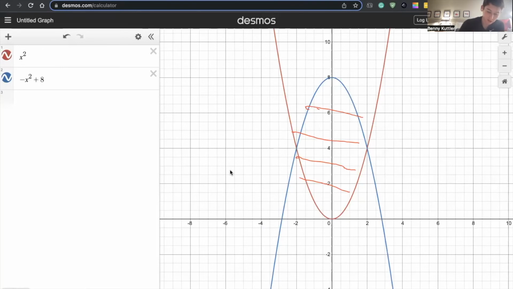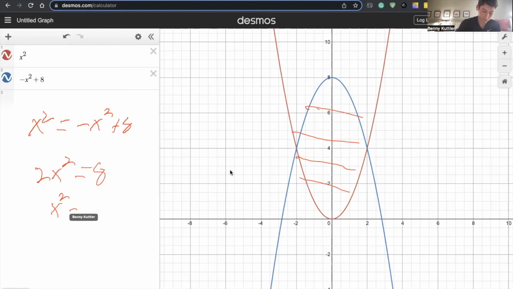So we set these equal and find the values where they're equal. We have x squared equals negative x squared plus 8. Add x squared to both sides. 2x squared equals 8. x squared equals 4. x equals 2 and negative 2. So those are our boundaries. It's just when we set them equal, that's how we know when they cross and go on to different paths.